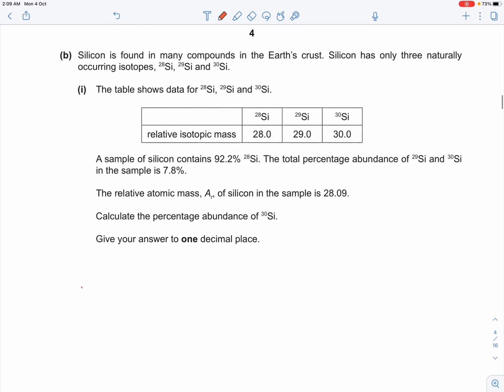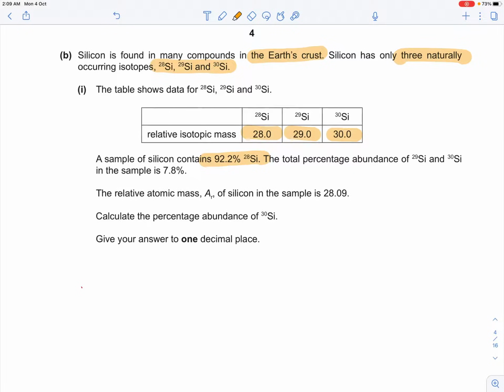Now, the next question: silicon is found in many compounds in the earth's crust. Silicon has three naturally occurring isotopes, silicon-28, 29, and 30. The table shows data for silicon-28, 29, and 30. So these are the relative isotopic masses of these three isotopes. A sample of silicon contained 92.2% silicon-28, because you know that the relative abundance of isotopes is not the same.